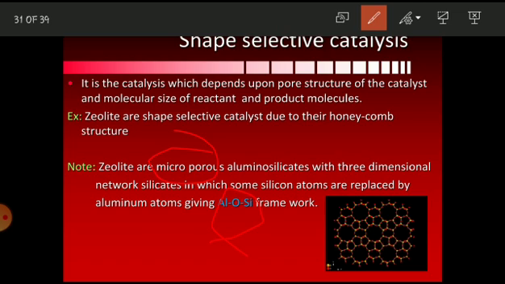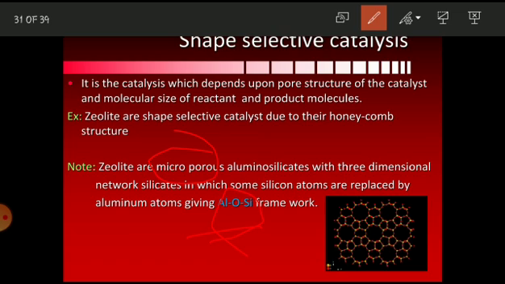We have what? Microporous. So pores will be present in the catalyst. Pores are nothing but empty spaces present in the catalyst. So it has the aluminum-oxygen-silicon framework. So zeolites are called shape selective catalysts due to their honeycomb structure. But actually what is zeolite? It is a microporous aluminosilicate.